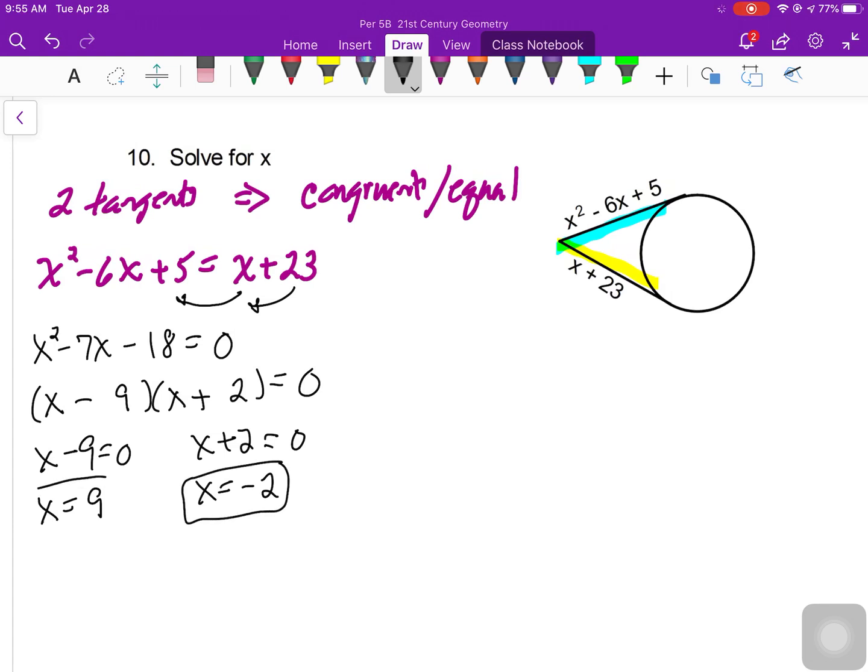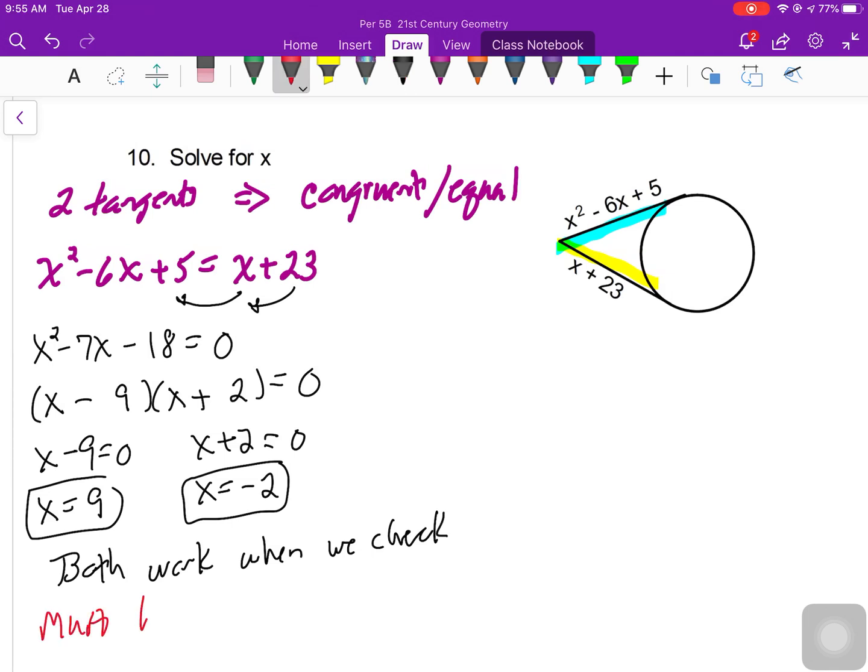When we substitute these back in, once again, they both work when we check. And you must box your answers, or it is wrong.